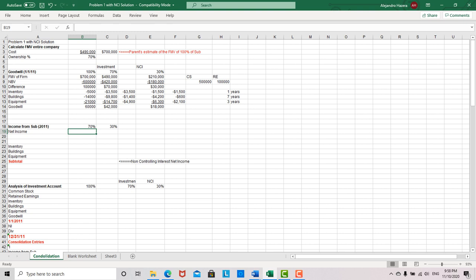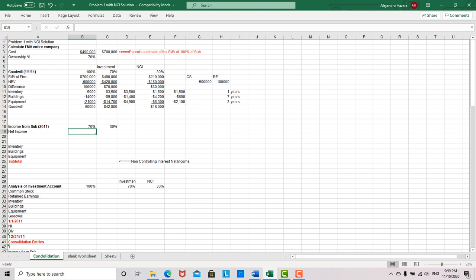Okay, so let's do this. Let's say we have income from sub, and where do we get our income from sub? We know that income is for 2011. I keep saying in both the recordings and in class that they should always pick up income from the subsidiary's financial statements. You cannot go wrong.